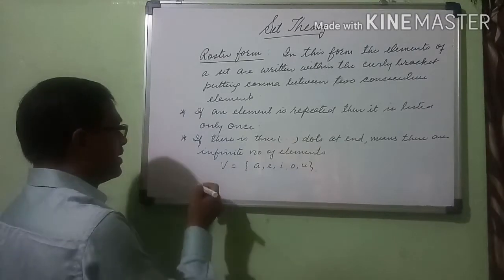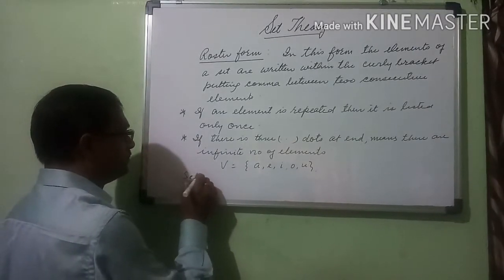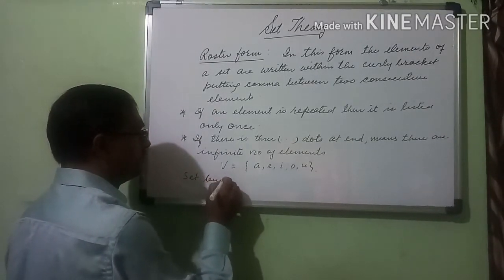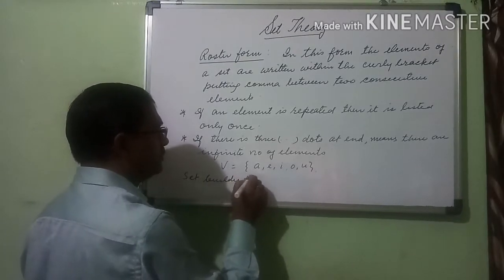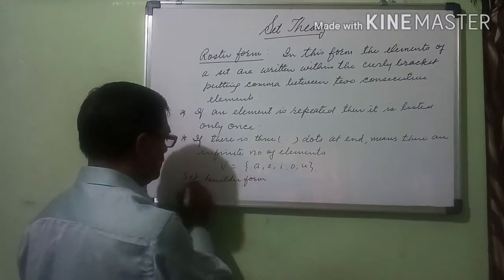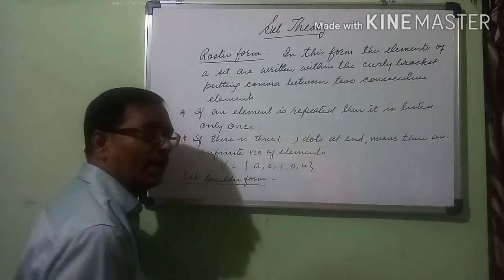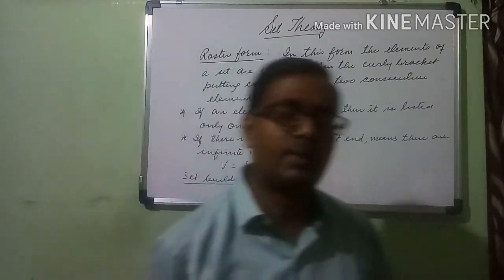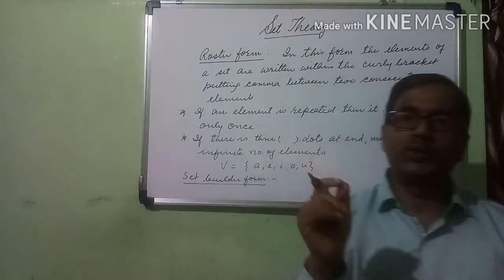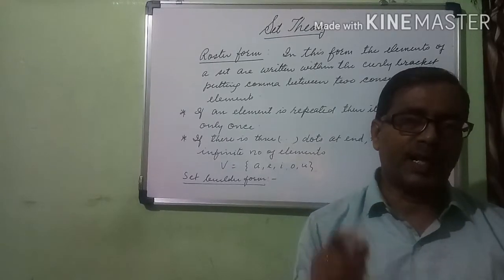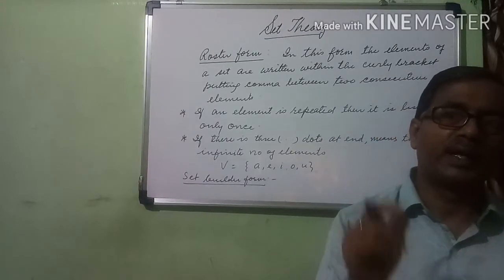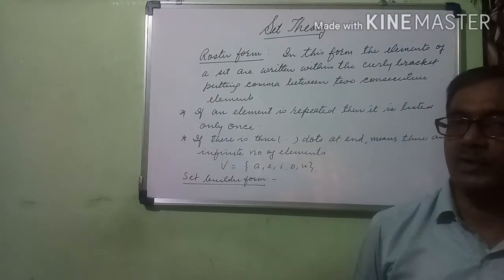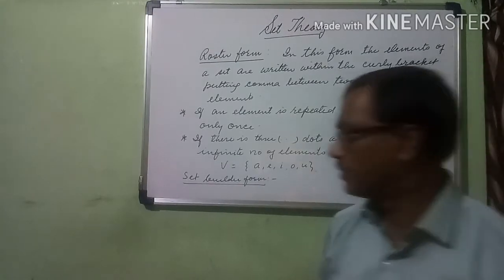Now, what is called set builder form? In set builder form, it is denoted by some variable, and that variable indicates a common property of every element. Alright.